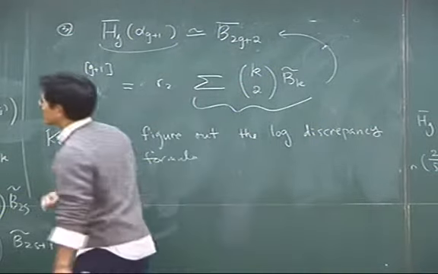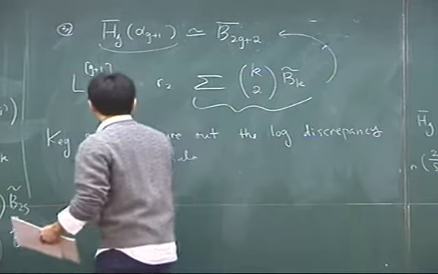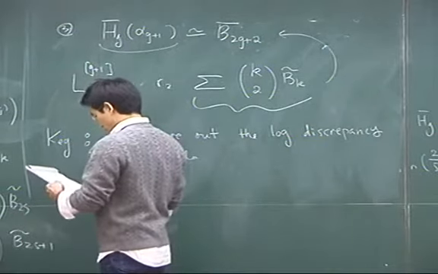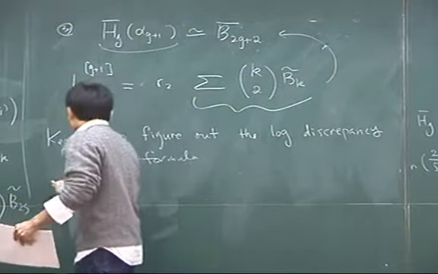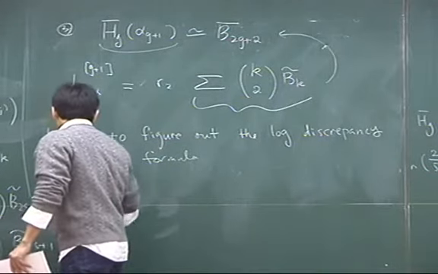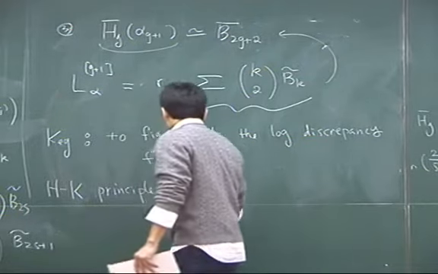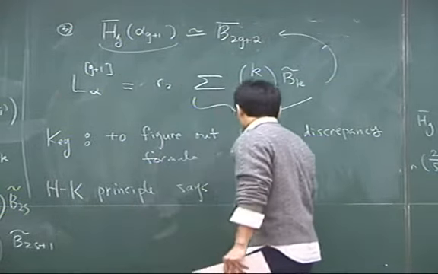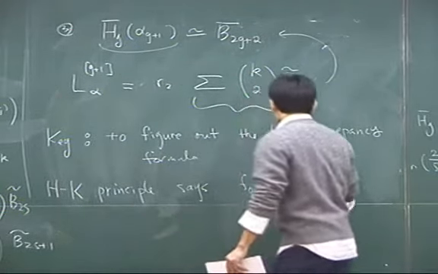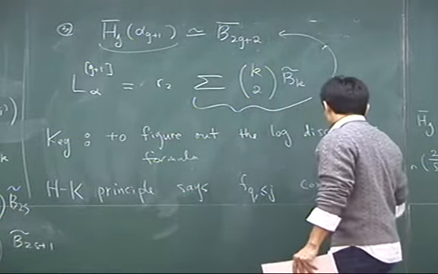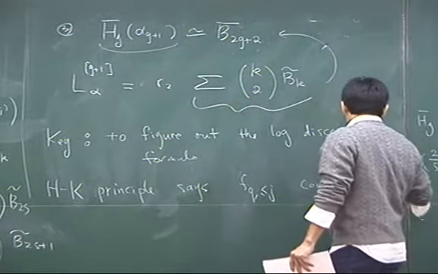And once you have this, then the Hassett-Keel principle says FGJ contracts BJ tilde, right?